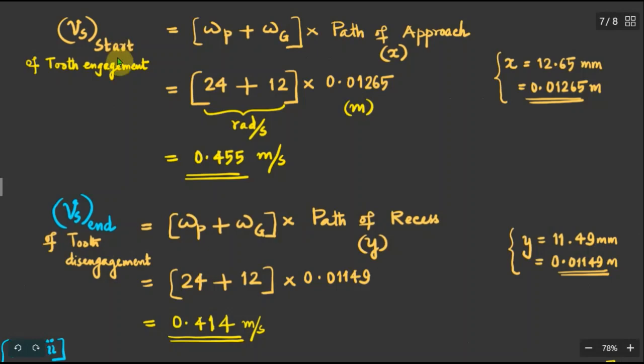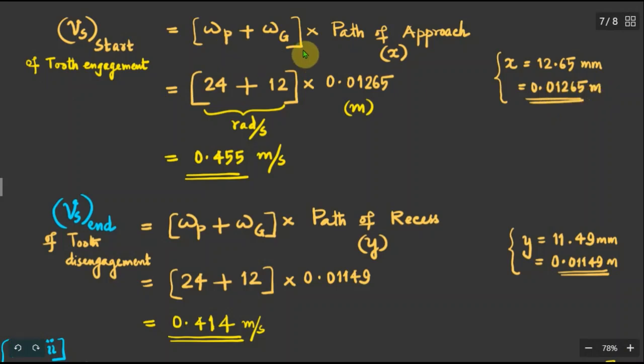Velocity of sliding at the time of starting tooth engagement, let us denote by Vs start, is equal to angular velocity of the pinion plus angular velocity of the gear, that is omega p plus omega g, into path of approach. We denote it by x, and we already obtained the path of approach as 12.65 mm. In meters it is 0.01265.